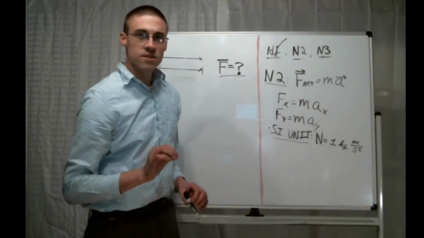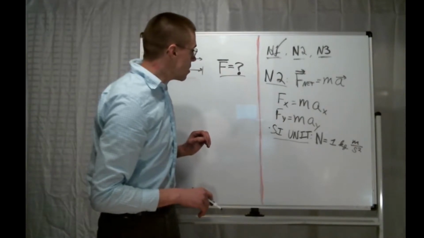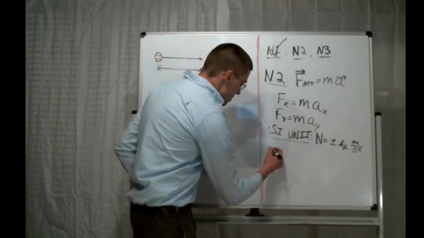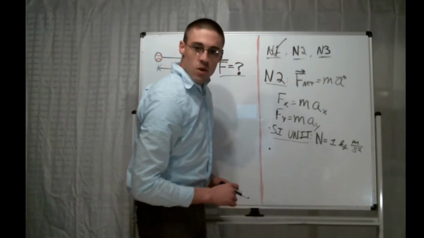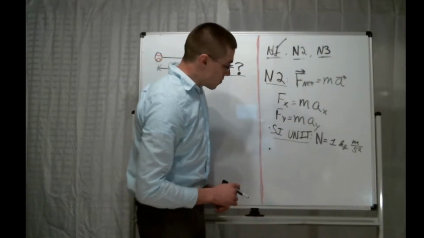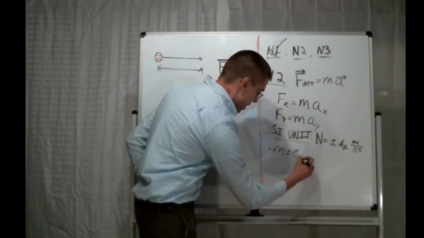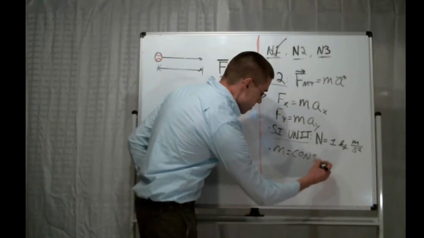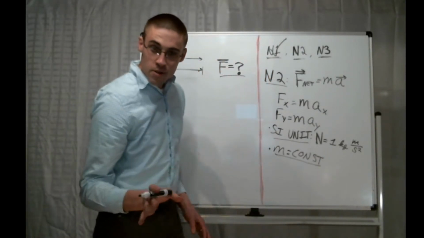There are a few caveats that I just want to make sure you know about when it comes to Newton's second law. First is that this F equals ma formalism is only going to work in the case of constant mass. So if mass is not constant, it's a little bit more complicated.